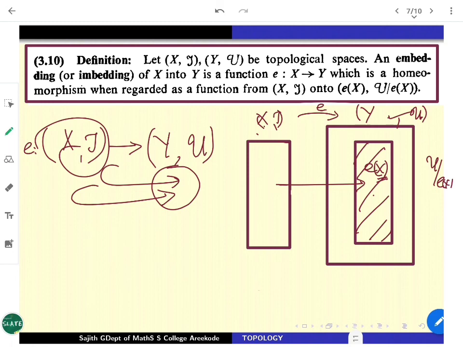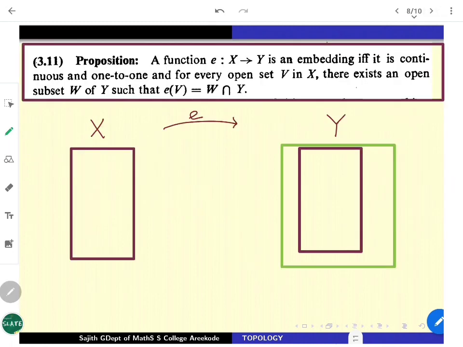Obviously, we can have a good proposition because you are working with a subspace topology, so we can restate it in the following manner.